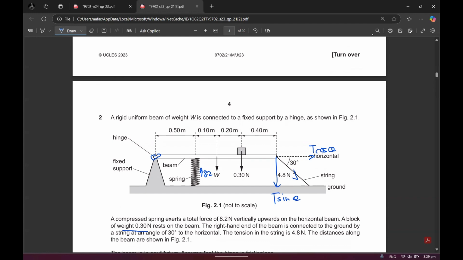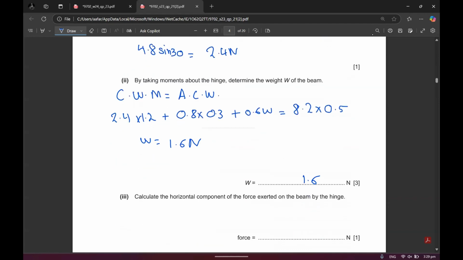So now we know that there is also a horizontal force acting on the beam, which is over this tension right here, T cos theta. So this will put an equal but opposite force since it's stationary. So it will be equal to T cos theta, 4.8 cos 30, which is 4.2.